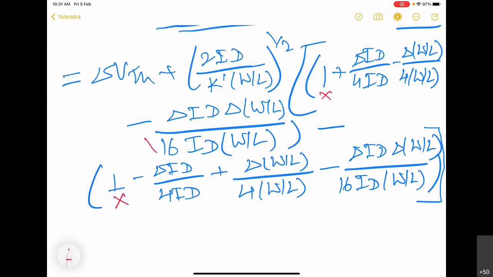Similarly, this second order term will also get cancelled out.